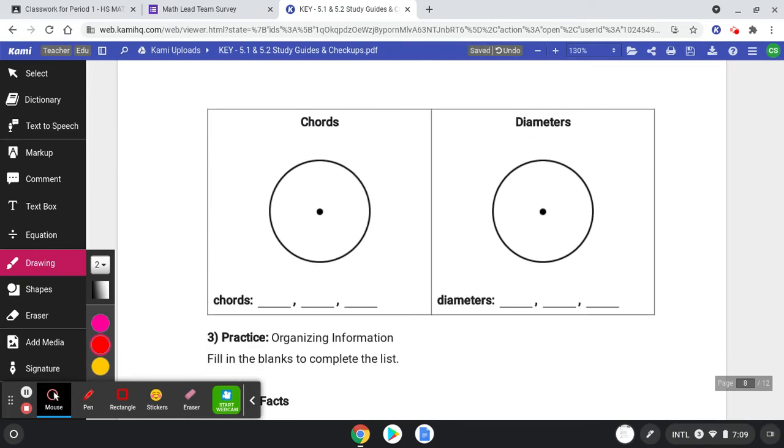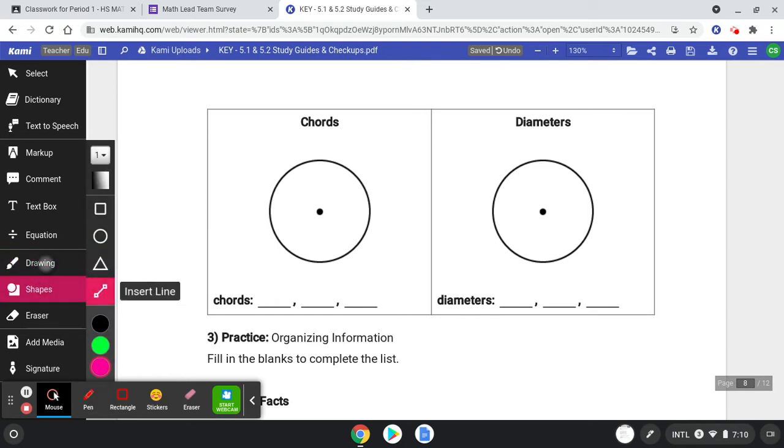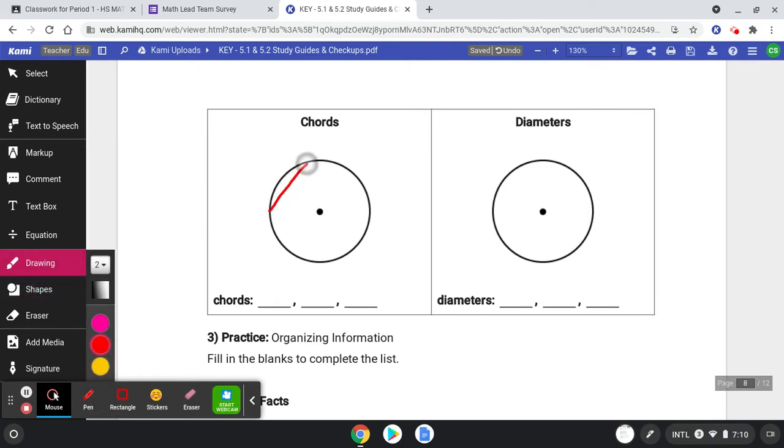So let's go look at the notation now. Chords. Let's go ahead and draw in some. So if I call this chord AB, I could also draw one like this and call it chord CD.